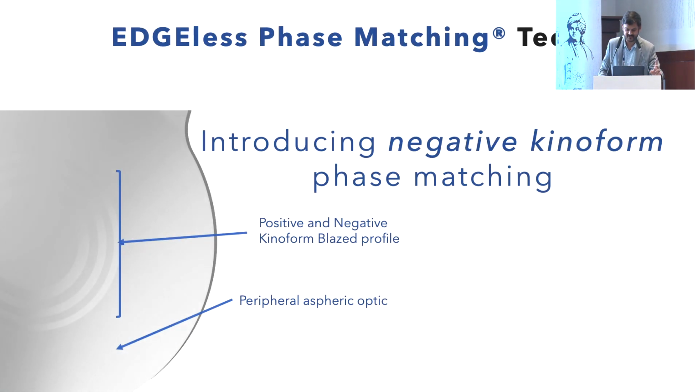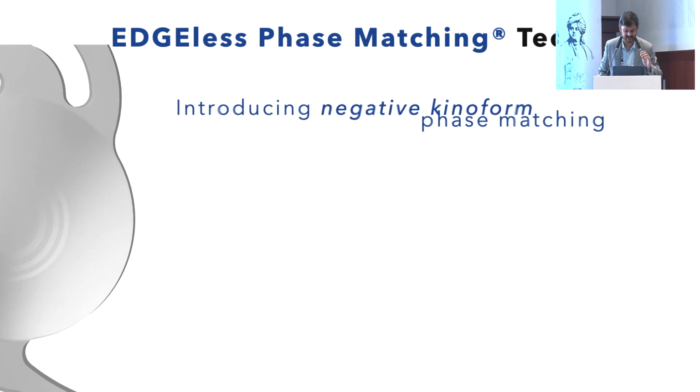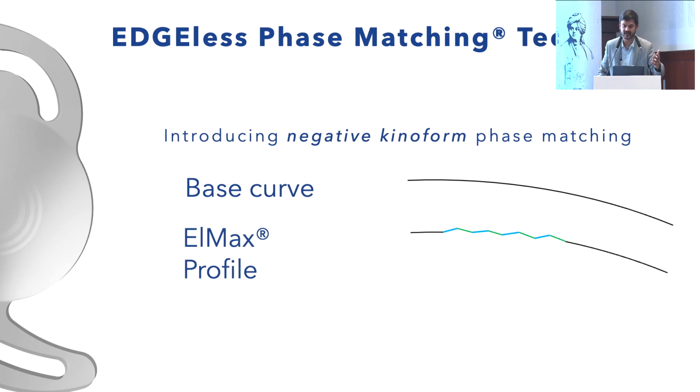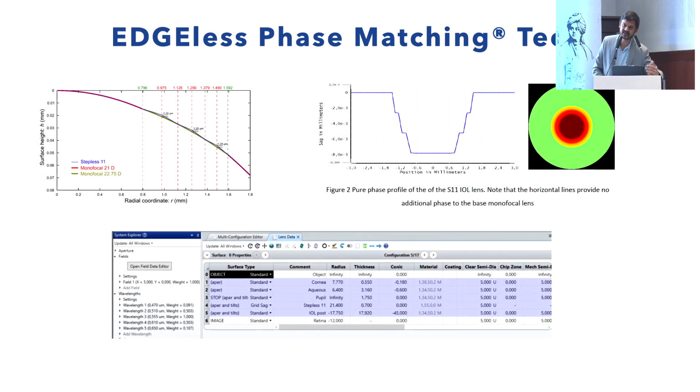Now comes to the rescue this amazing technology which introduces negative kinoform phase matching, which is basically saying that instead of having a base curve with a plus add, we have a base curve with a plus add and a minus add. So we have two different kinoforms that are aligned together, and that completely eliminates the edges.